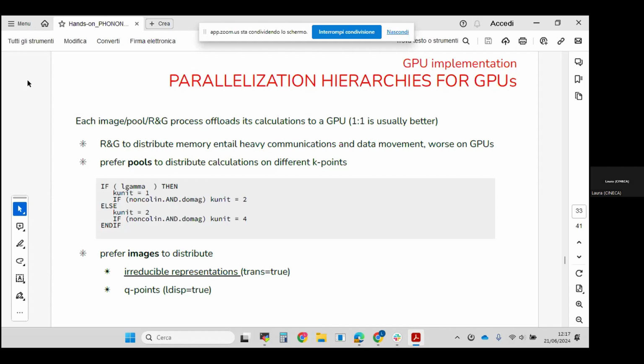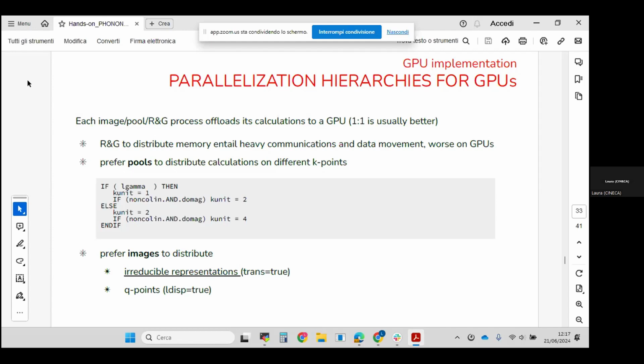In phonon, you can also exploit images. Images are an MPI group that handles calculations on quantities that are totally independent. For the kind of exercises that we've seen today, the calculation of phonon frequencies at a given Q point, you can use images to distribute the computation over different irreducible representations.